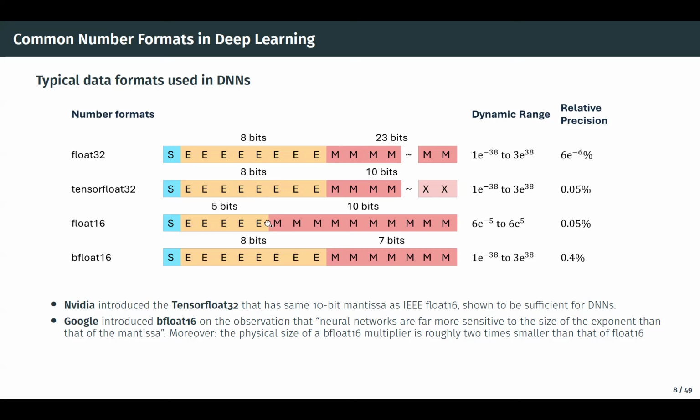Then there is float 16, with 16 bits, because they noticed that neural networks are far more sensitive to the size of the exponent. This is the value that controls the dynamic range, while the mantissa bits control precision. They figured out that we really do not need all 32 bits to represent these values.